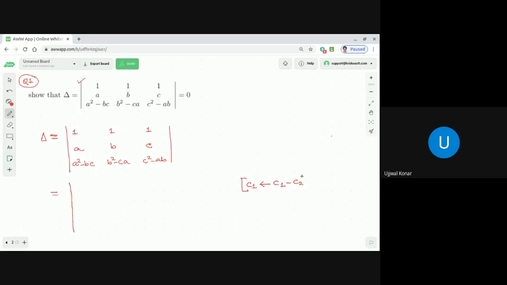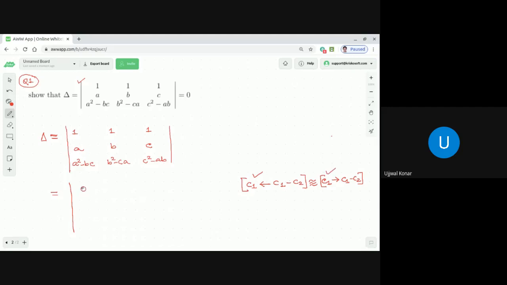And as I was telling, dear students, this statement is equivalent to the statement that C1 arrow, on the right hand side, C1 minus C2. In some books it is written in this way, and some other books write it this way.